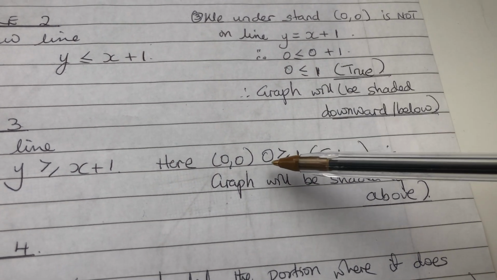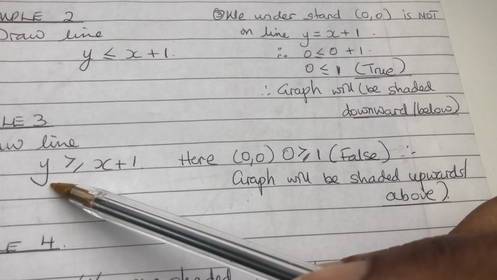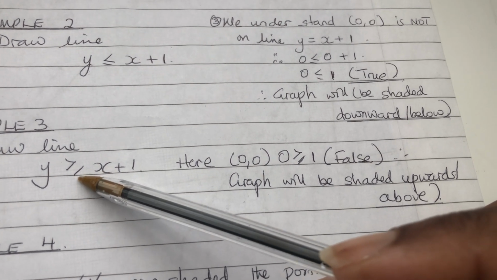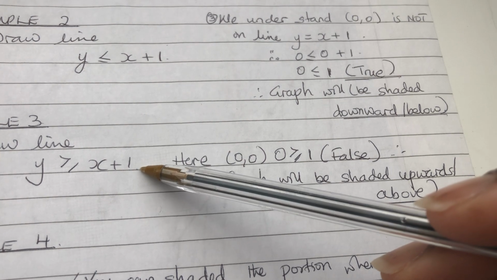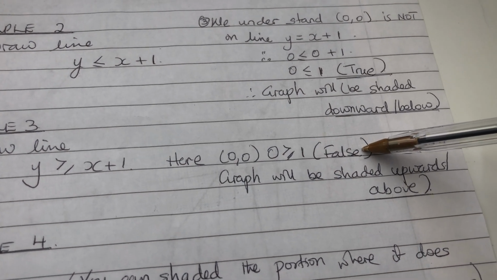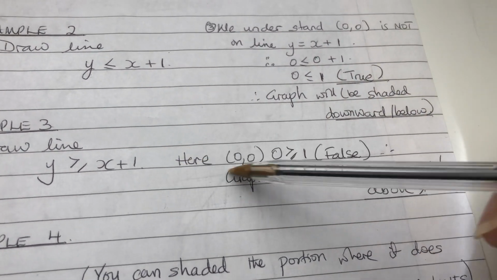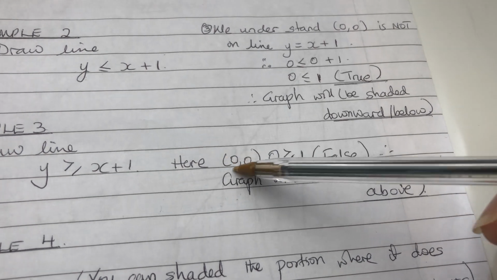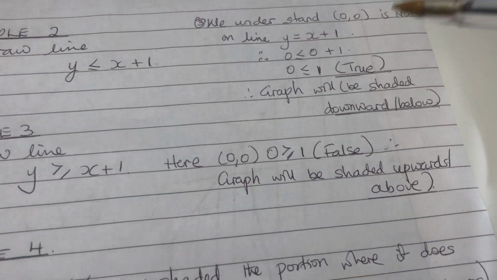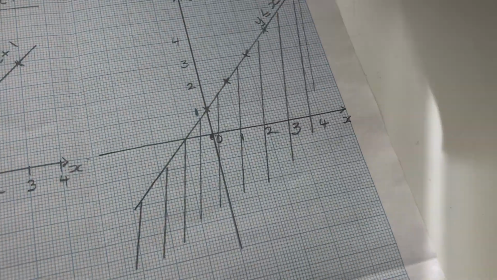But in this case, if we put x equals 0 and y is 0, we get 0 is greater than or equal to 1, and that is false. So the graph will be shaded upward. It means that the portion that has 0, 0 will not be part of the graph, so we can't shade that portion.